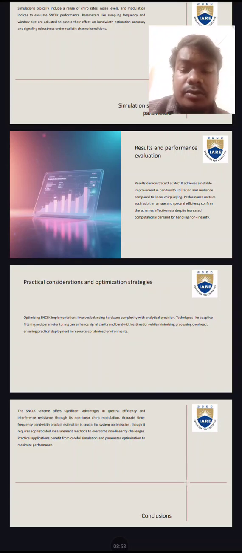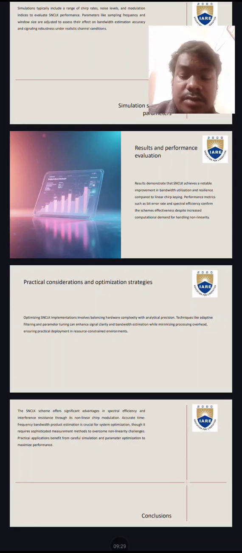Techniques like adaptive filtering and parameter tuning can enhance signal clarity and bandwidth estimation while minimizing processing overhead, ensuring practical deployment in resource constrained environments. The SNCLK scheme offers significant advantages in spectral efficiency and interference resistance.